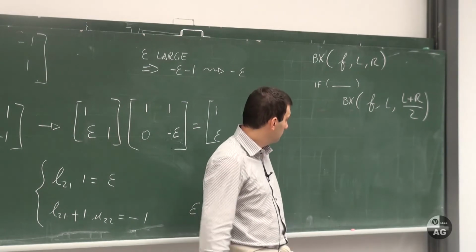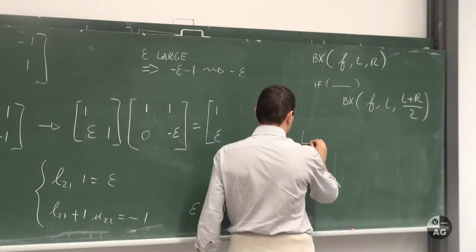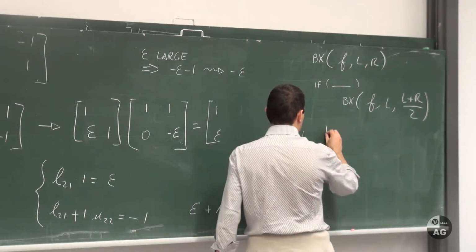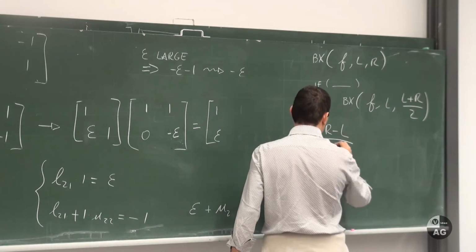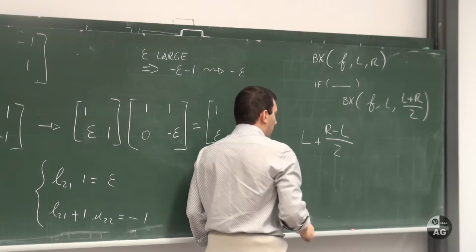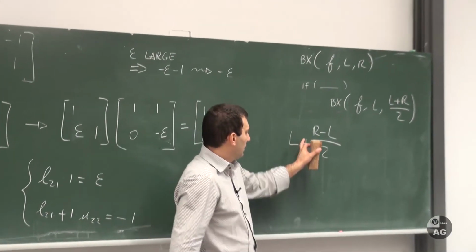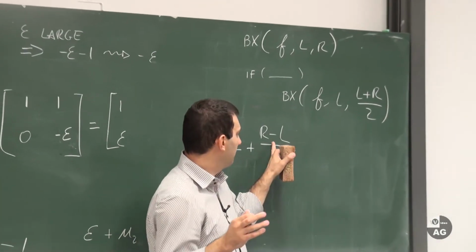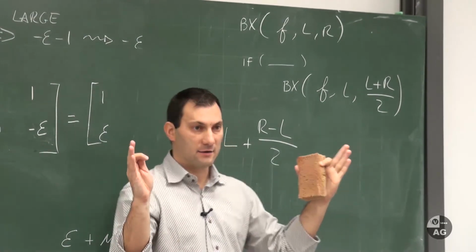You start off with L, and you add to that half the distance to R. Okay, instead of computing L plus R, I look at how far L and R are.